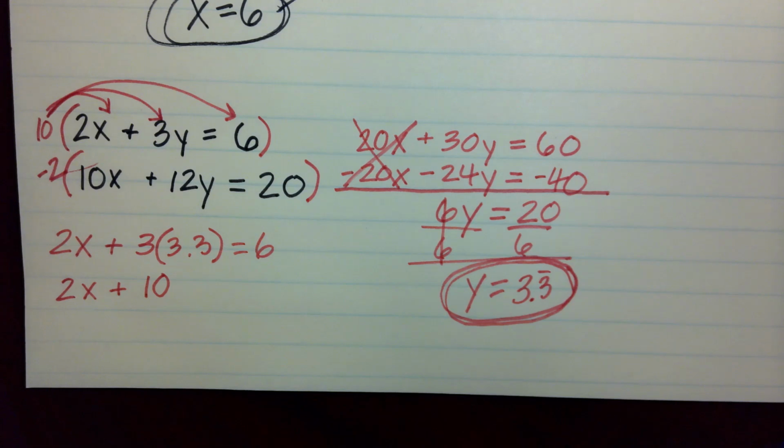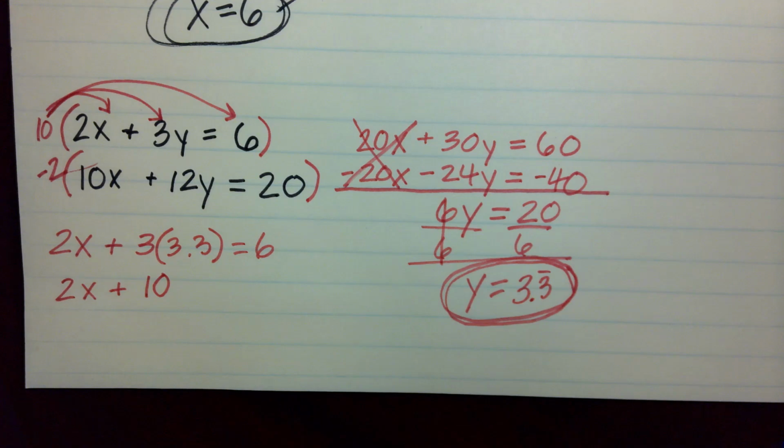Now, if you don't type the 3 repeating, you're going to get 9.9, and that's okay. Your answer will have a variation of 0.1, just because these calculators don't save repeating decimals very nicely.